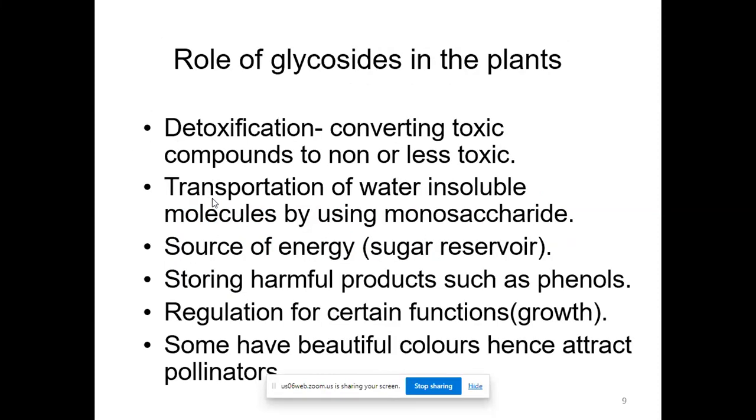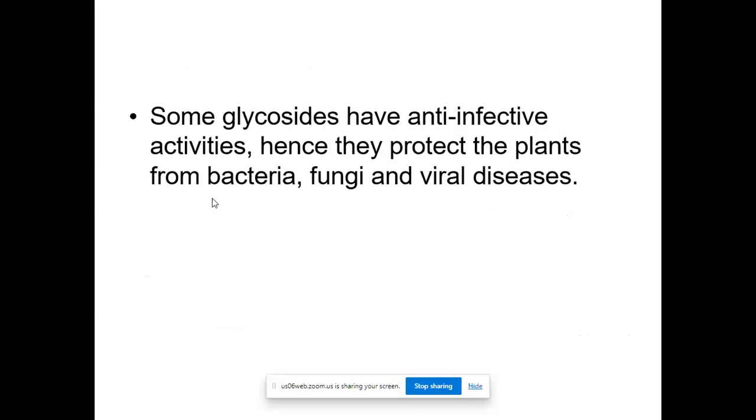So their roles: detoxification, transport of water insoluble molecules, their source of energy, storing harmful products, regulation of certain functions, and some have beautiful colors, hence they attract pollinators. They're also important as anti-infective activities, and they protect the plants from bacteria, fungi, and viral diseases.